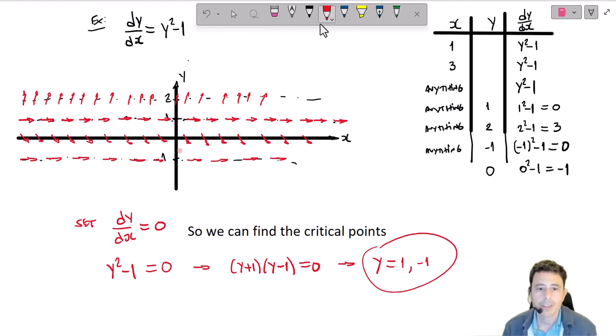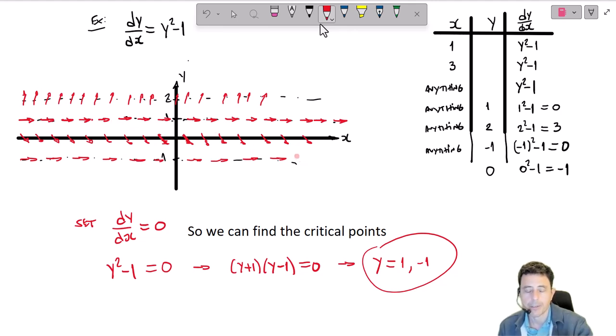There's no other places where the derivative is 0. So that means that between here and here, right, between y equals 1 and y equals negative 1, there is no derivative equal to 0. So it's either negative or positive, but we already know it's negative here because we picked y equals 0, right? So that means that between here and here, the derivative should always be negative, right?